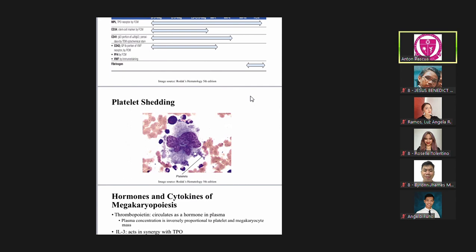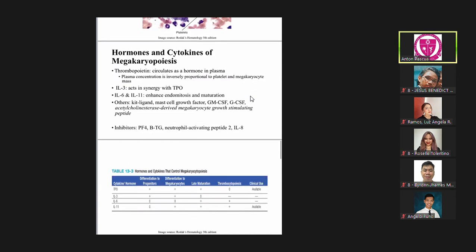or yung mga macrophages natin within our bone marrow. Okay? And then lastly, before we go to platelets, so the following here are the different hormones or cytokines that control your megakaryopoiesis. Okay? Remember, in hematopoiesis, you will produce what your body needs. Okay? Hindi sobra, hindi rin kulang.